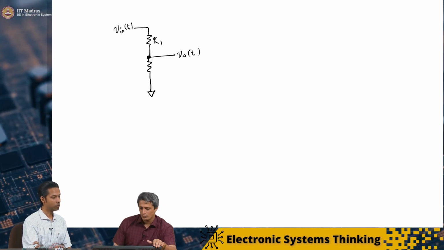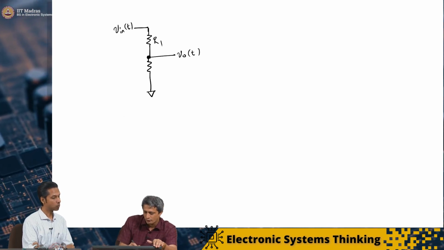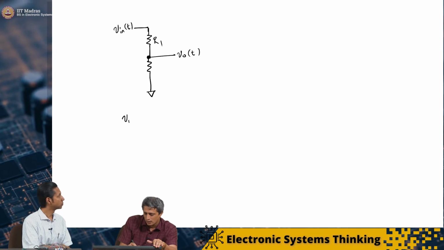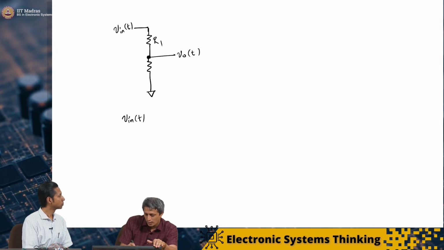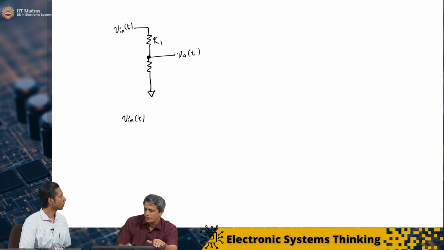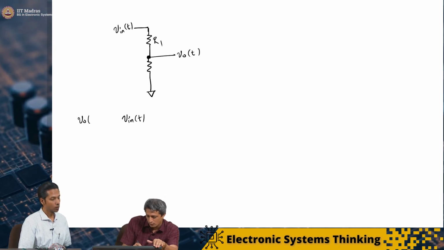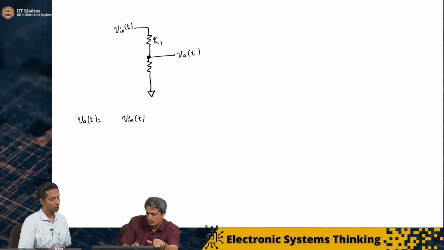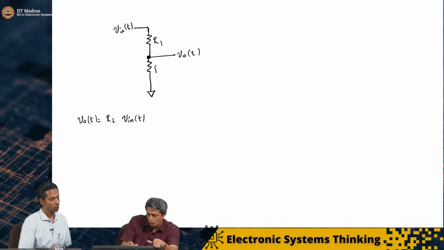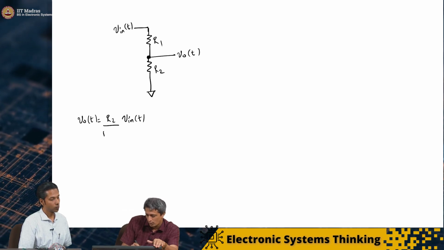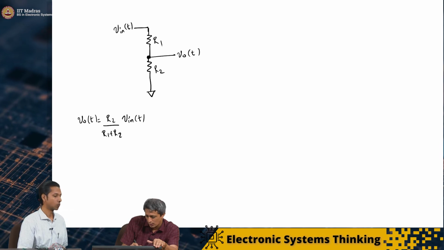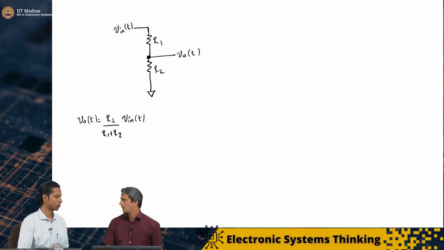The relationship between V in and V out: V out of t is obviously R2 by R1 plus R2 into V in of t.